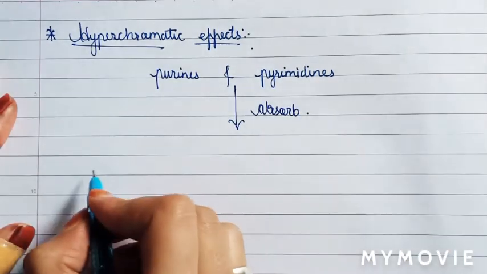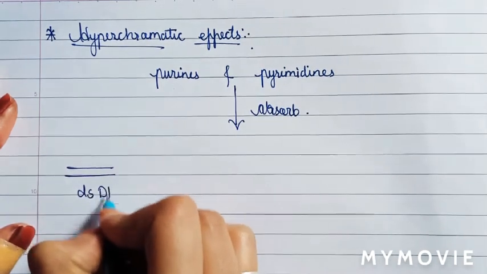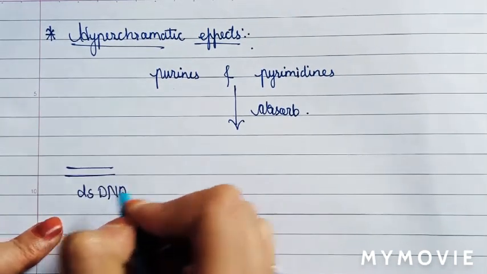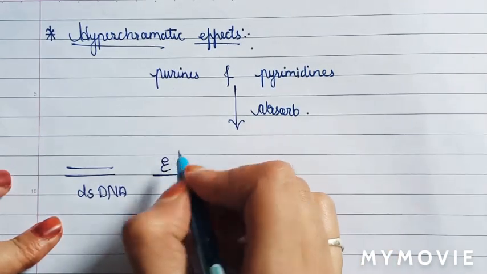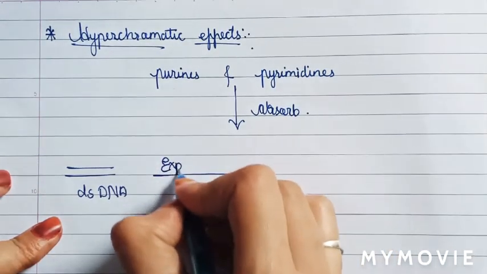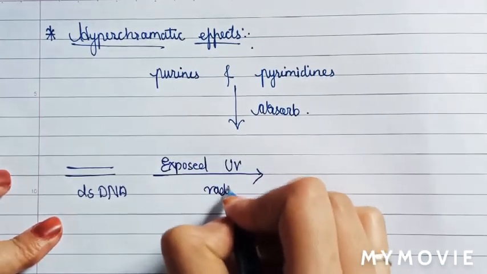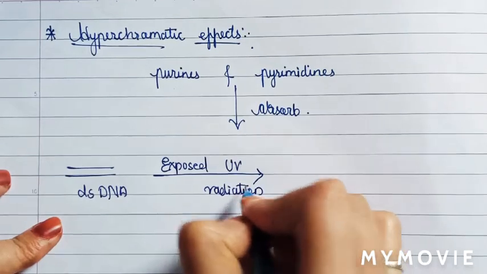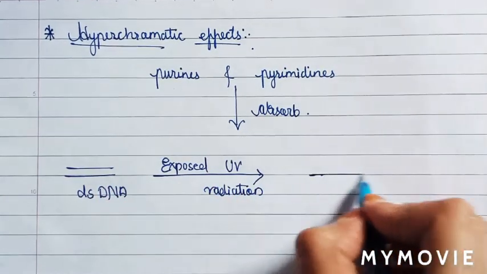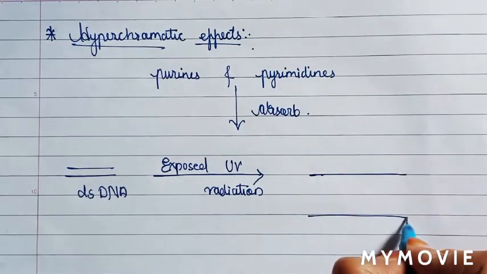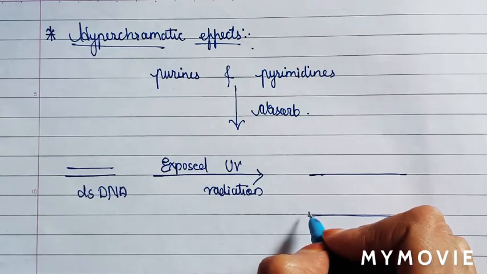If you see the DNA strand, suppose this is a double strand DNA. If this DNA is exposed to UV radiation, then you can see here the two DNA strands are separated from each other. Here you can see the different DNA strands.